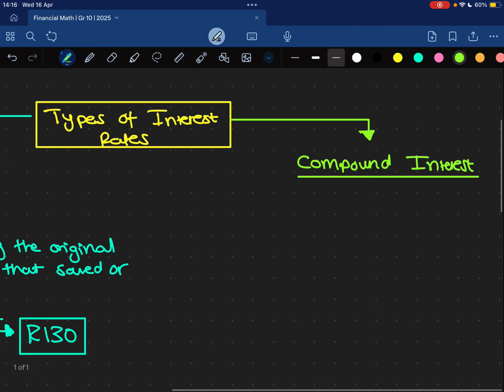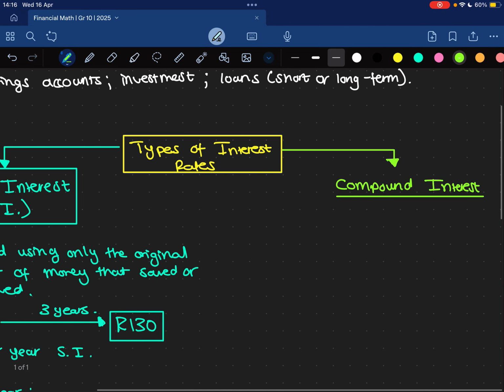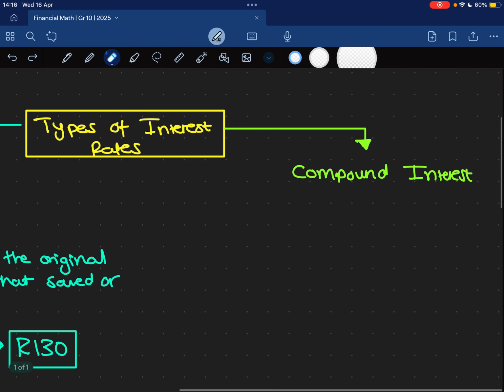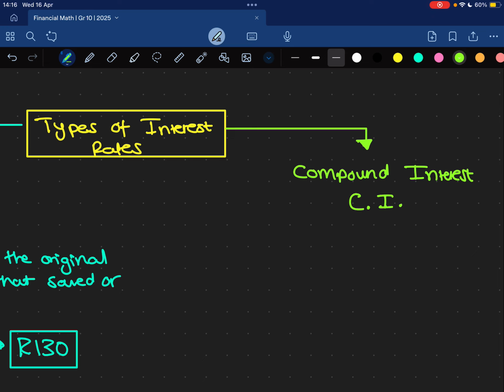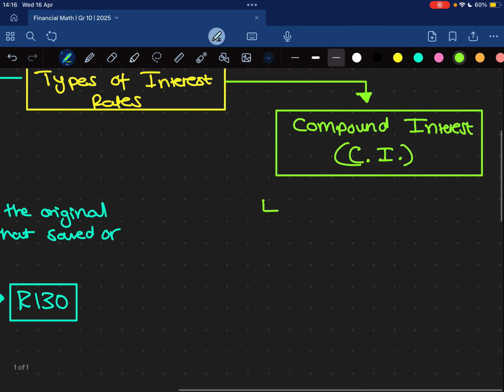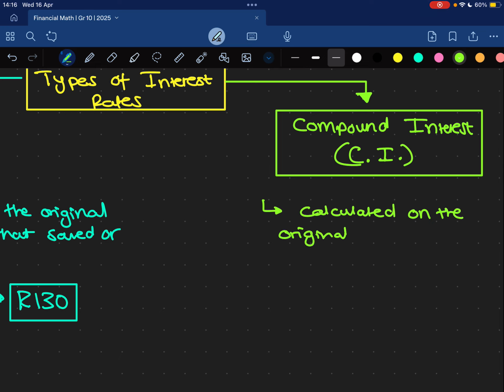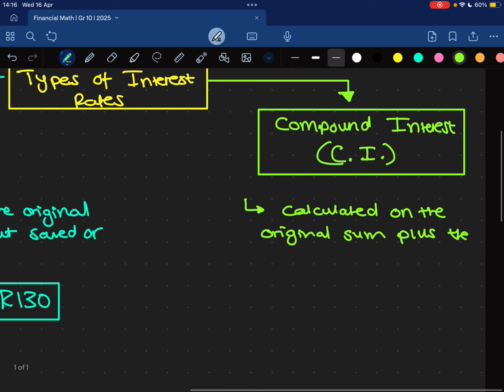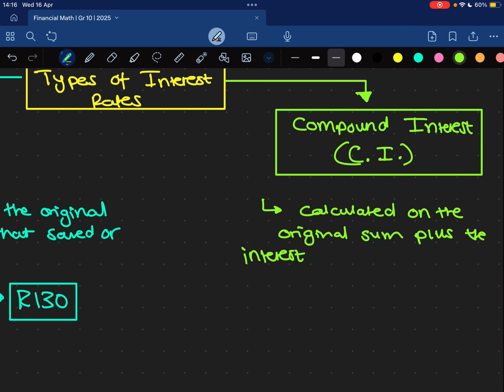So with compound interest, or CI, this type of interest is calculated on the original sum plus the interest that has already been earned.